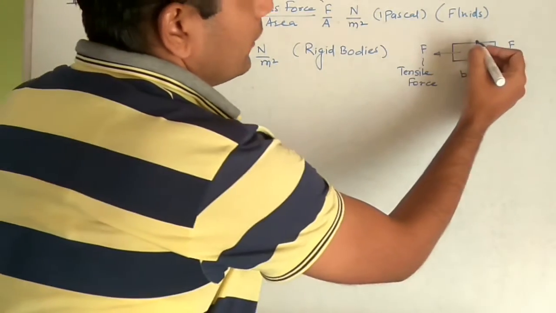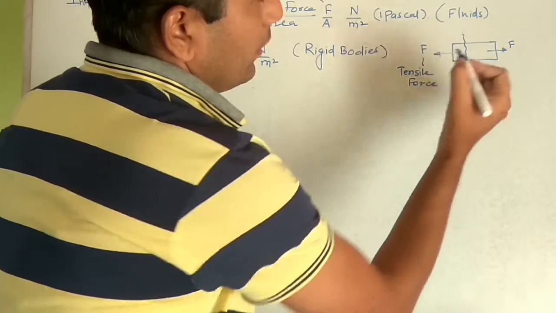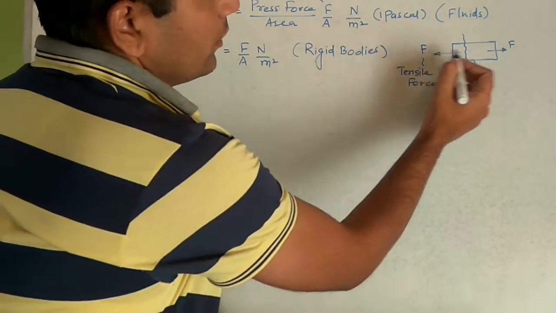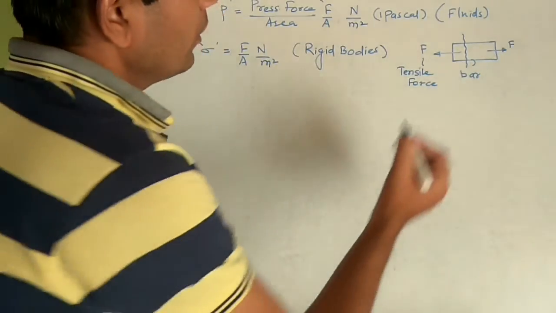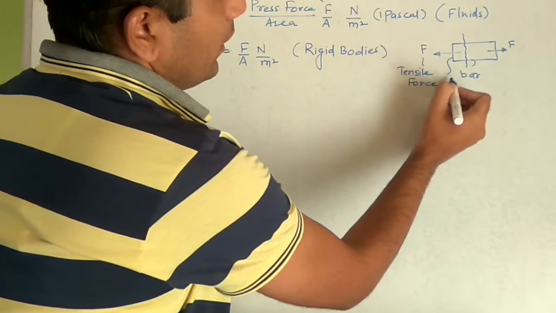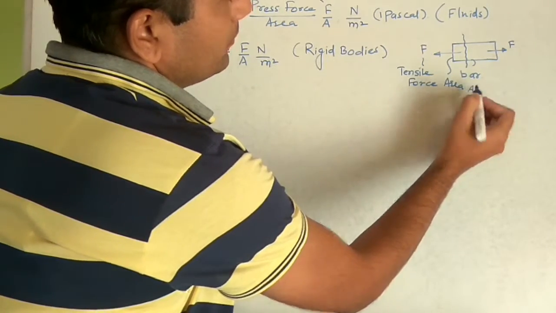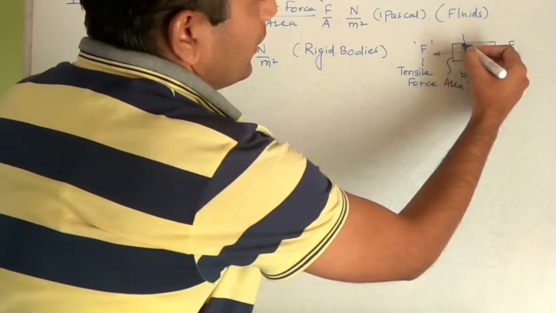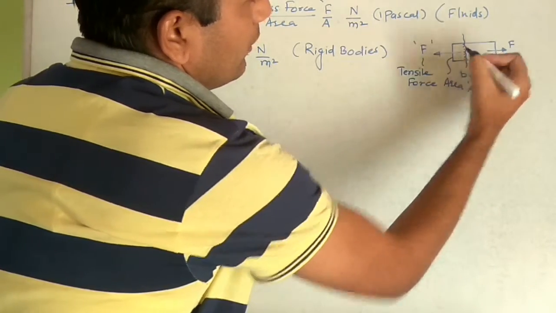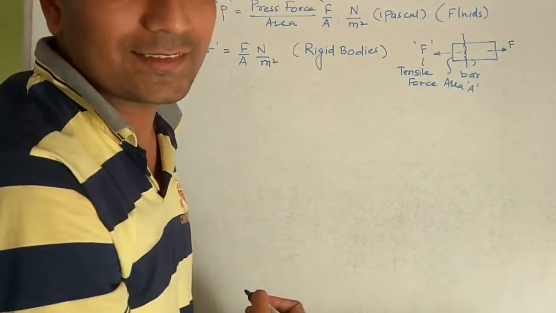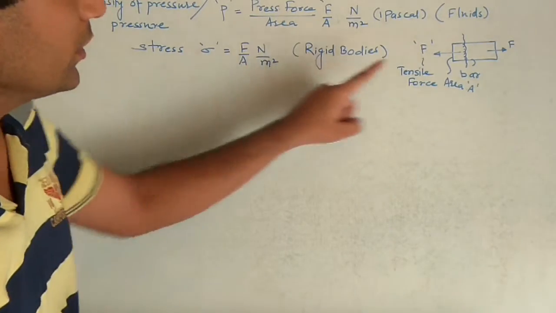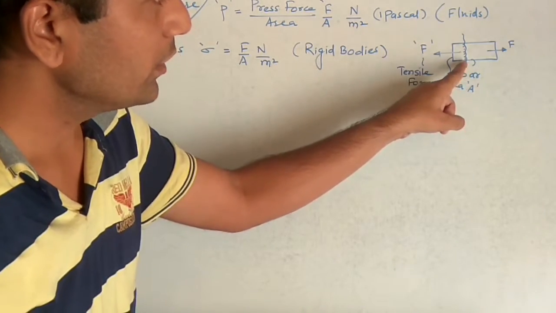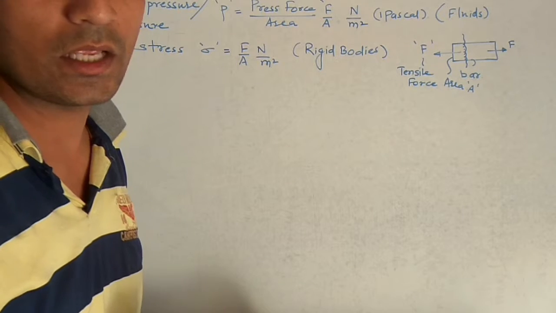If we see the internal particles, what they are doing, suppose we are talking about this force that is applied on this much area A, so the particle here they got stressed, means sigma is equal to F divided by that area A. So at this point the stress occur, that is internally.